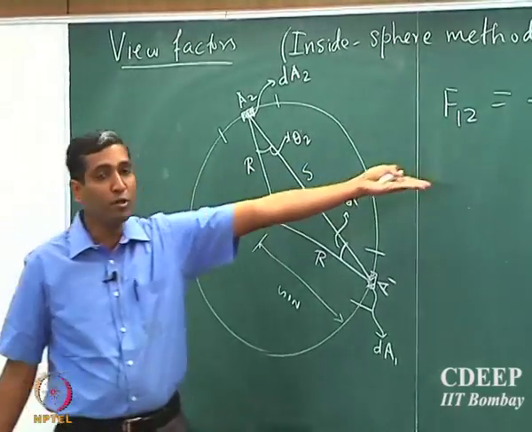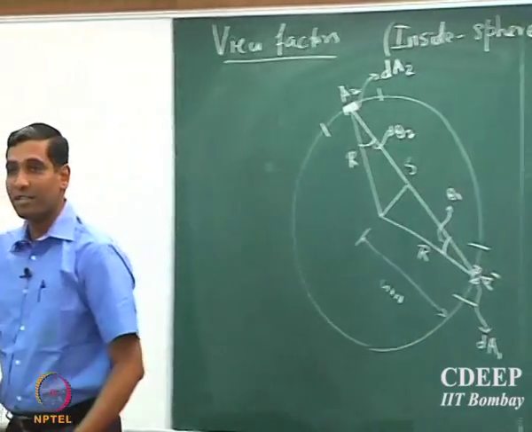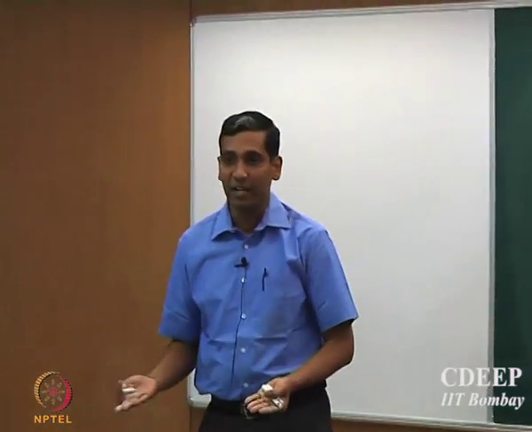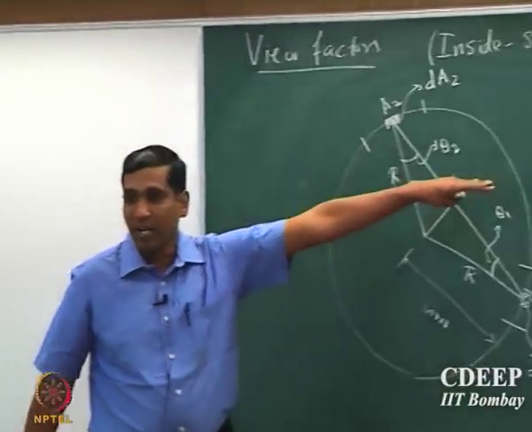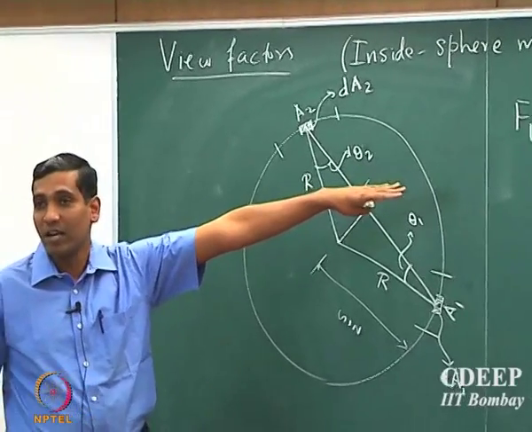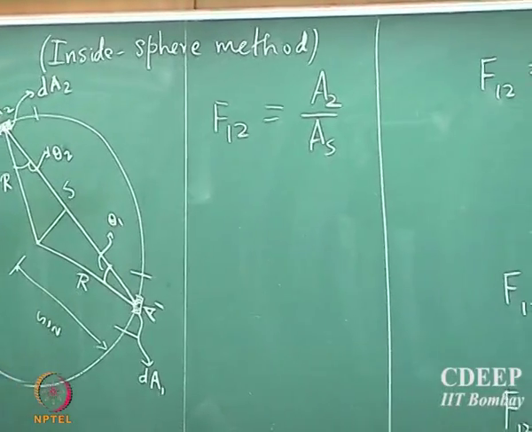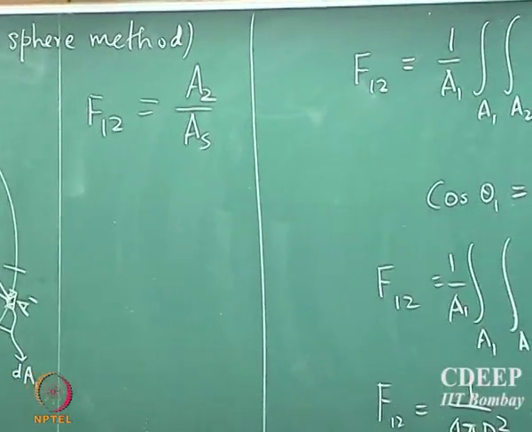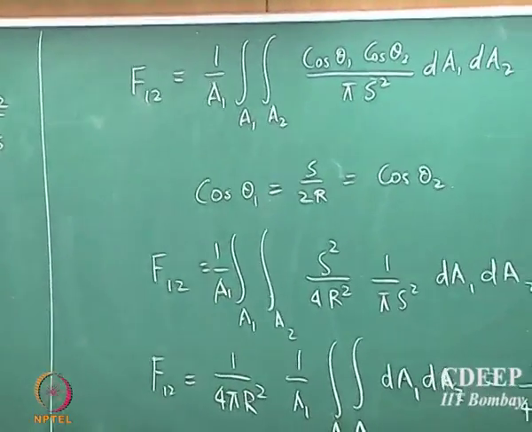If you are able to use this formula straight, you don't have to construct the three-dimensional geometry and do the integration. So it becomes very handy if you really understand what this formula means and how to use this. That's very important, how to use this formula for finding view factors for various kinds of problems that you will be looking at in the future.